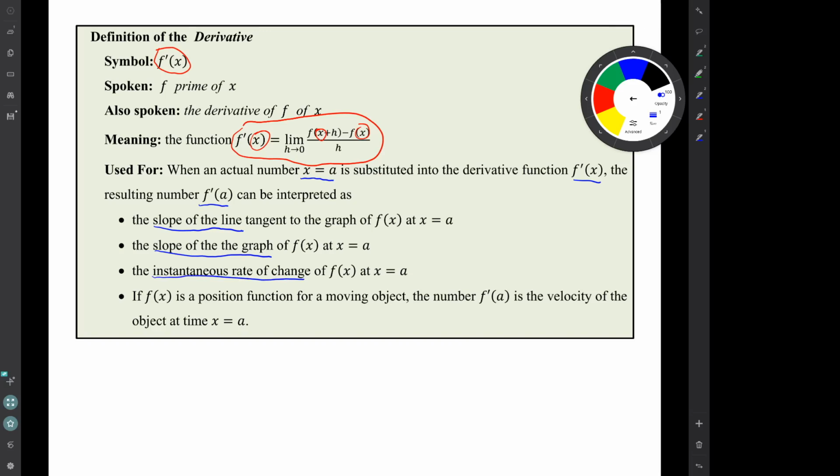And in the previous video, we discussed situations where the function f of x is a position function for a moving object. Then this number f prime parentheses a is what's called the velocity of the object at that time. So that's the idea of the derivative function and what you can use it for.